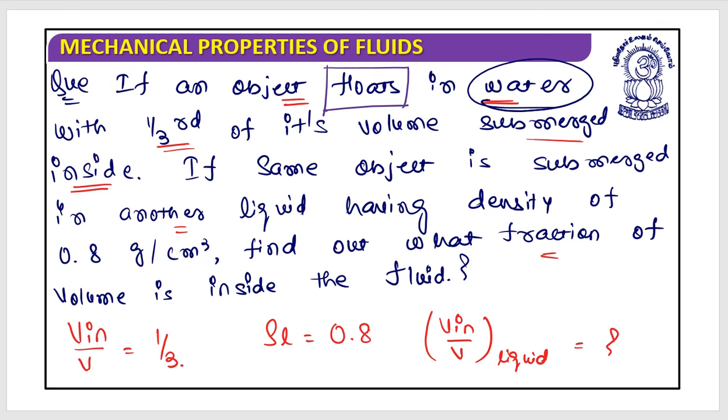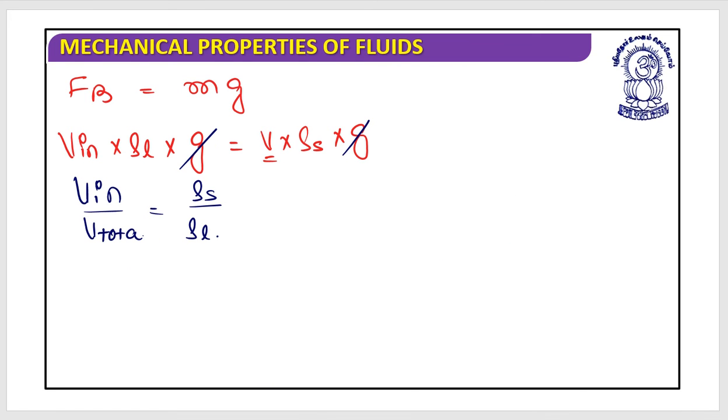Initially it was submerged in water, and water has a density of 1 gram per centimeter cube, since the data is given in gram per centimeter cube. So V in by V total, which is 1 by 3, equals density of solid divided by density of liquid.